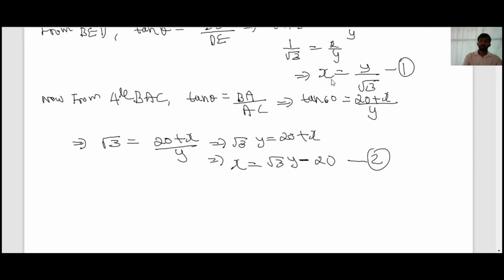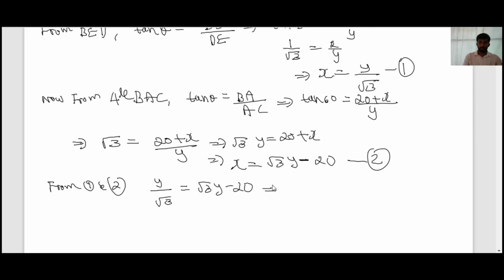Now see, equation 1 has the X value, equation 2 again has the X value. X is always equal to X, right? So from equations 1 and 2, equate them: Y by root 3 is equal to root 3 Y minus 20.